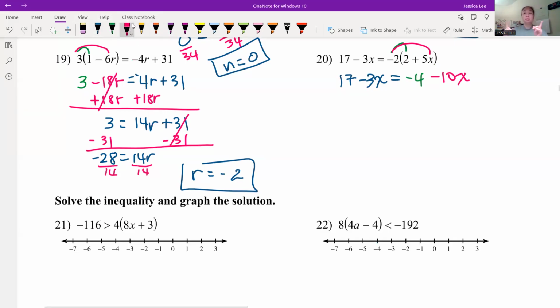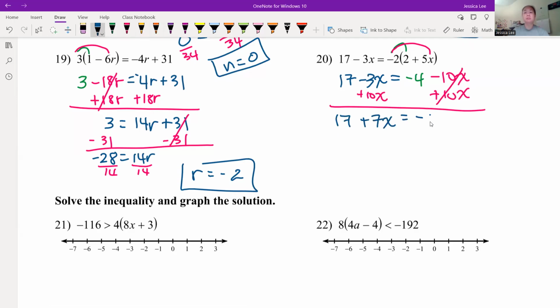Since the x's are on both sides, I'm going to add 10x on both sides. And then I have 17 plus 7x is equal to negative 4. And again, two-step equation, we're going to subtract 17 on both sides.